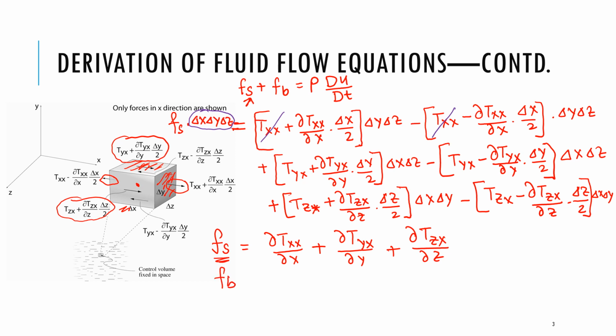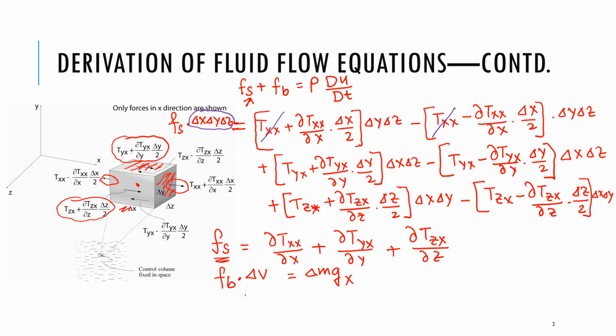Now let's write the body force. So body force per unit volume. So body force times volume is equal to, what is the body force? Let's say, gravity in the x direction. So this would be Δm, mass, times gravity in the x direction.